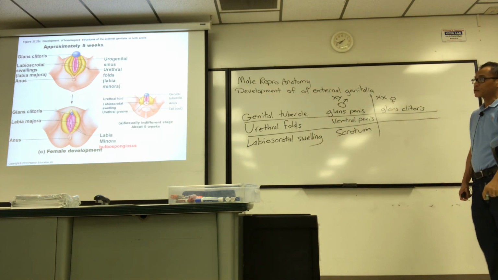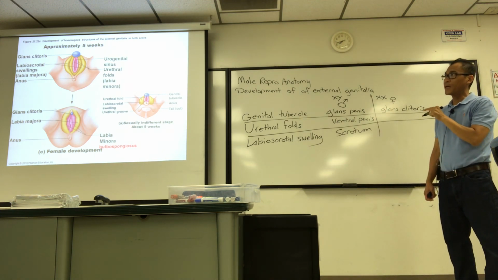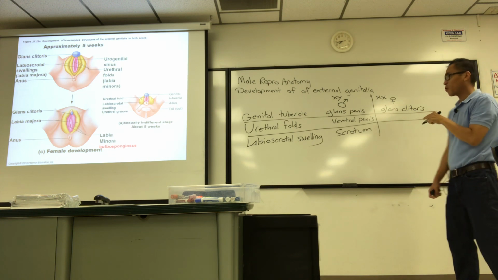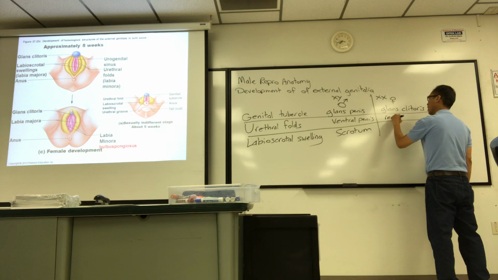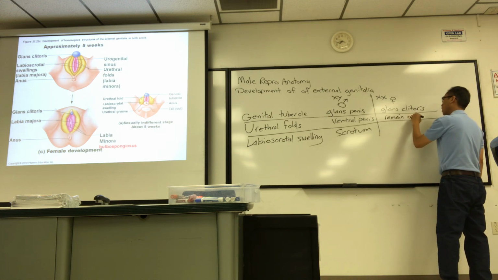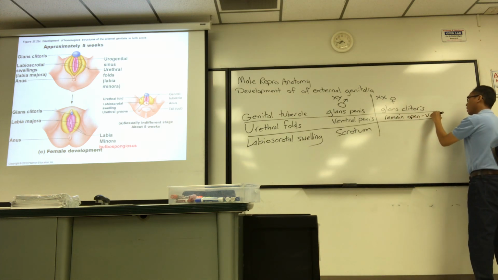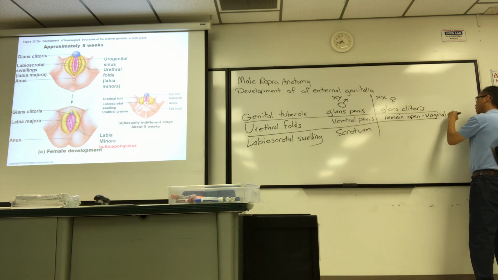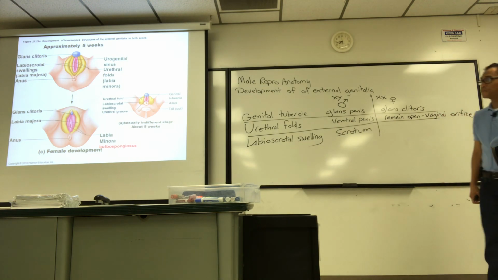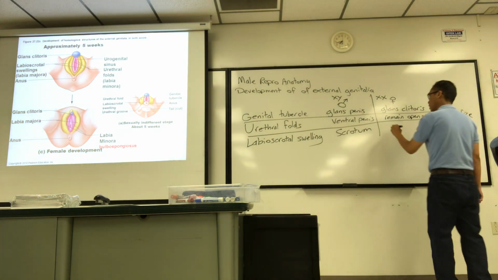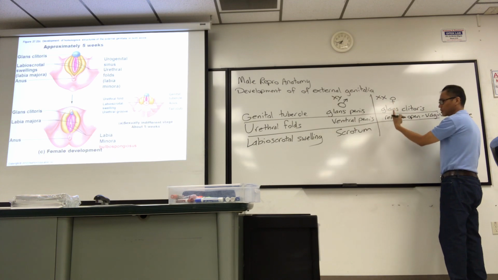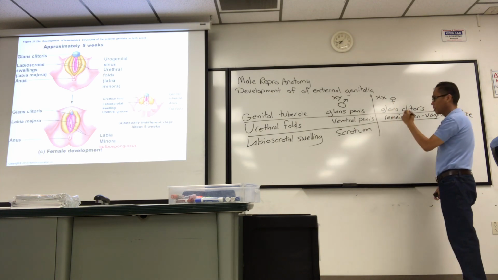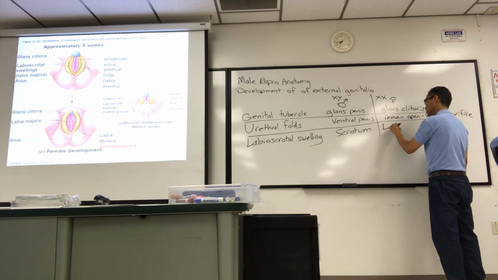The urethral folds, as you can see, remain open for the vaginal orifice. And then the labial scrotal swelling becomes scrotum in males, labia majora in females.